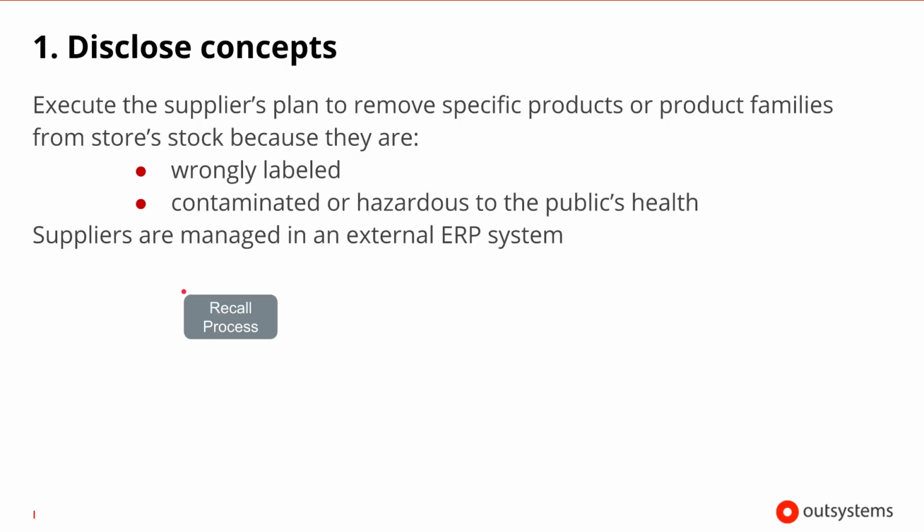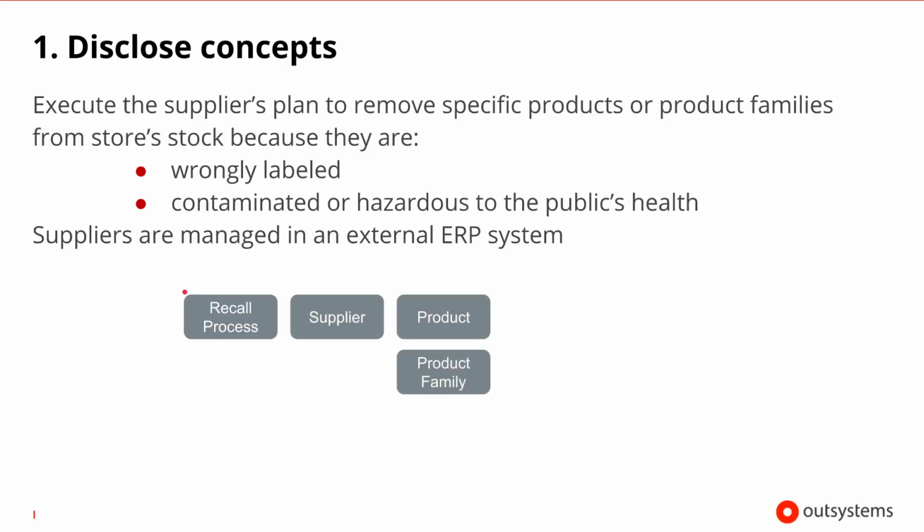Well, we know that there's a recall process, and the supplier is going to have to know which products and product families might be involved. The stores will have different stocks and amounts of those products, so we have to be able to track that information. And we can see the different suppliers and some of their information inside of our ERP system.